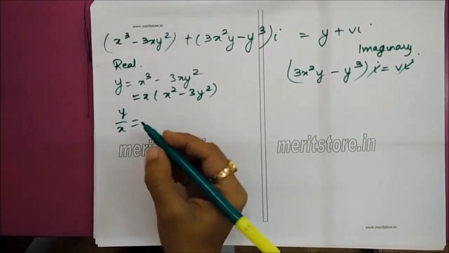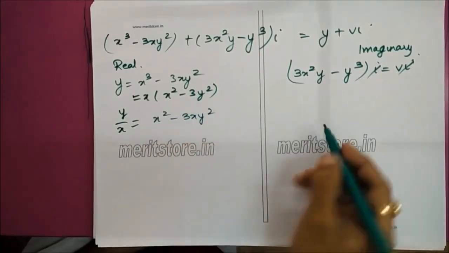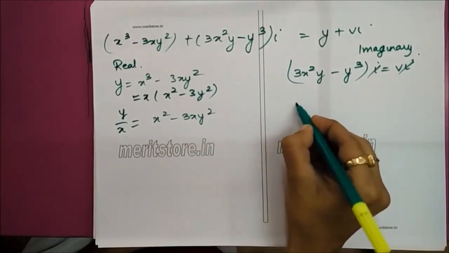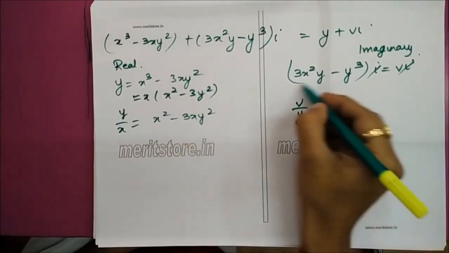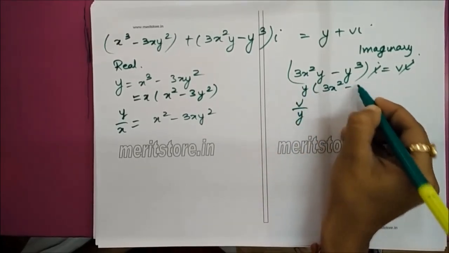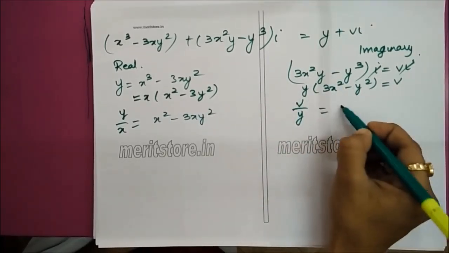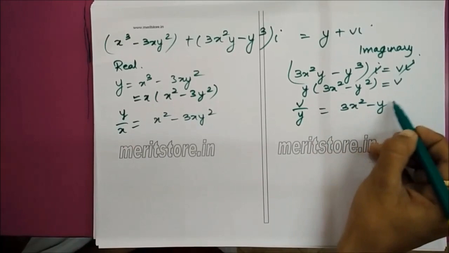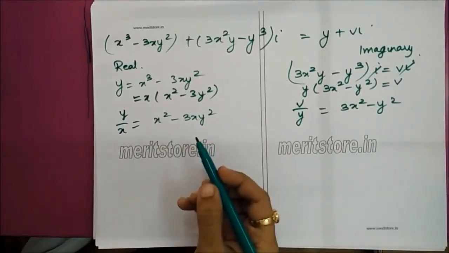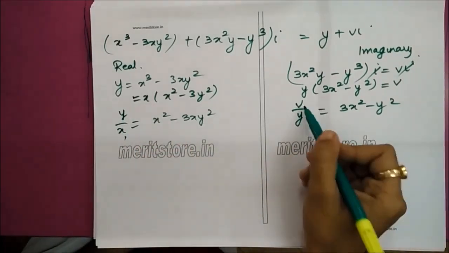Here you get x is common, so x² − 3y², and your x comes in the denominator. You get a/x = x² − 3y². Again here b upon y is common, so 3x² − y² is equal to b/y. Y comes here, you get 3x² − y². In proof that you have been said y upon x plus b upon y.